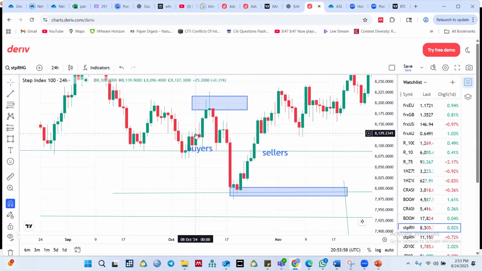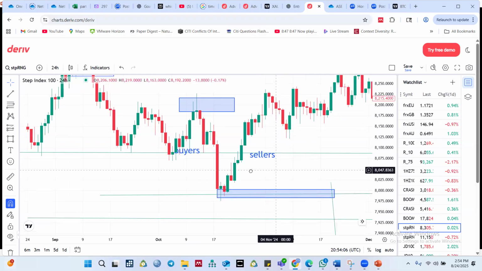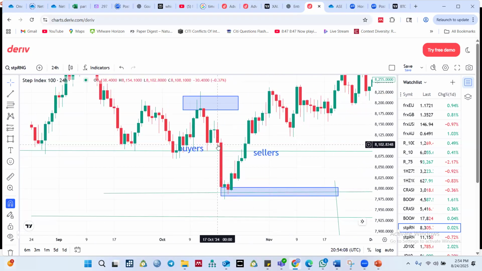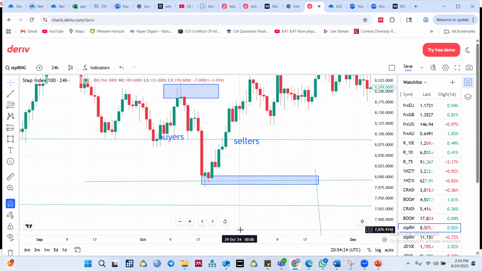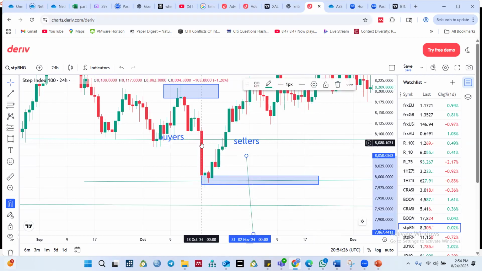When it's below, we are only seeing rejections. But once price was able to break through it, it is a break of structure, and also an indication that the market is giving us an intent beforehand that a time is going to come that I'm going to go bearish, because I have closed a body below this area. And the volume here is very big. It's a large bearish candle.